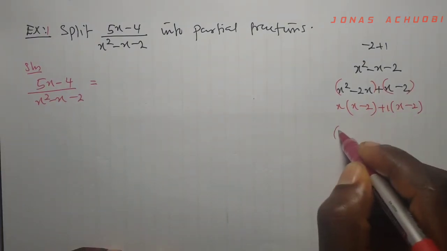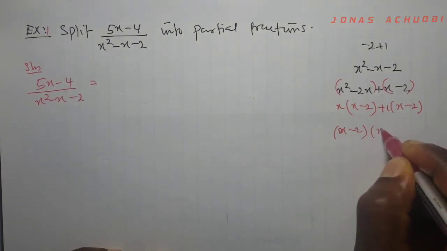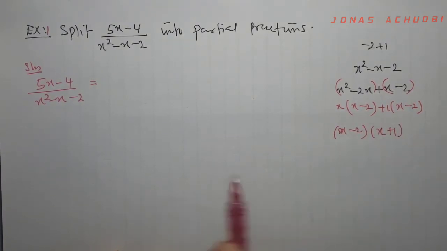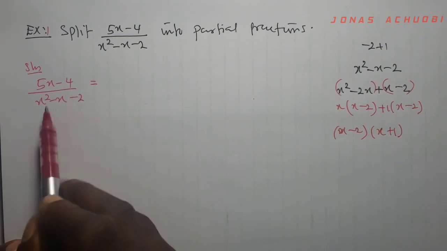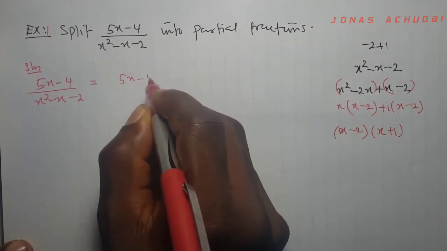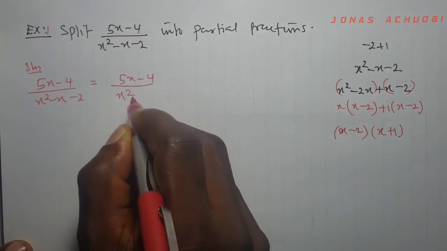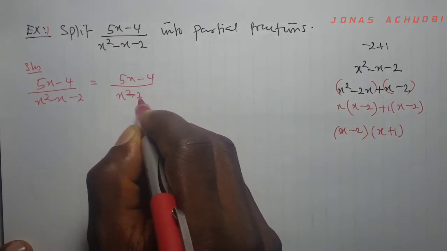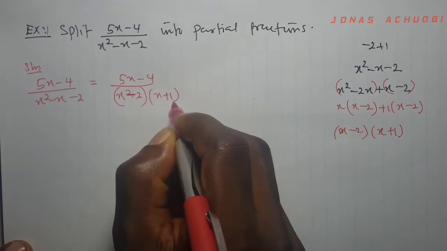So this becomes x minus 2 into x plus 1. So we have factorized the quadratic expression in the problem. So that becomes 5x minus 4 over x minus 2 into x plus 1.